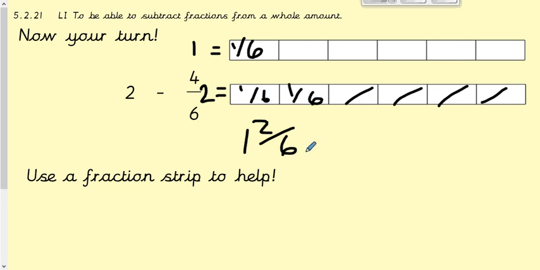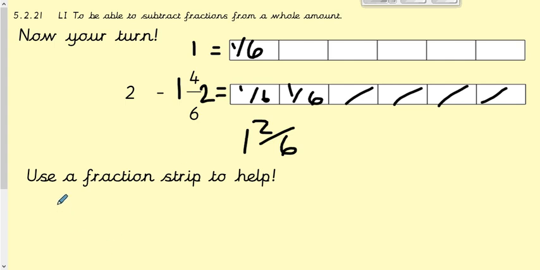For those of you who didn't use a fraction strip, you could have also worked it out using the same method I was talking about earlier, where you work out the difference between 4 and 6, which you know is 2/6. And even though we're looking at more than 1 whole now, you could just take 1 from that, because you know it's going to be lower than this one. It's going to be in between this and 1 whole, unless this was 1 as well.